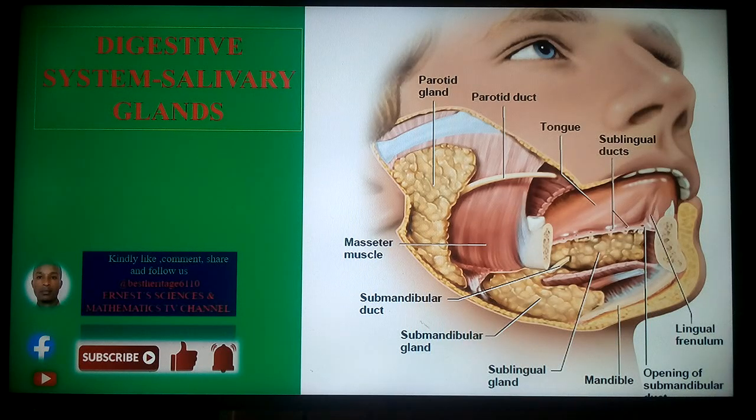We also have enzymes like lingual lipase, which are activated by the stomach in this process of digestion. These are involved in the digestion of fats, which are subsequent processes after oral digestion has taken place.